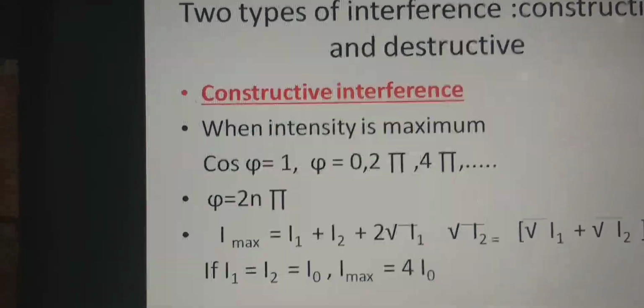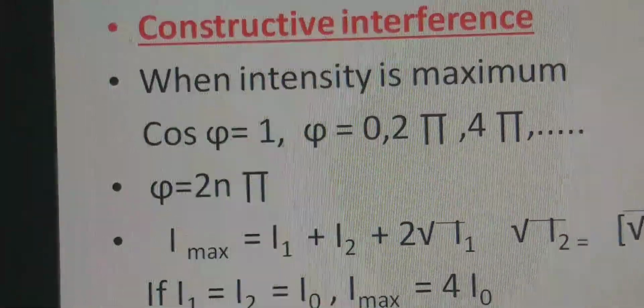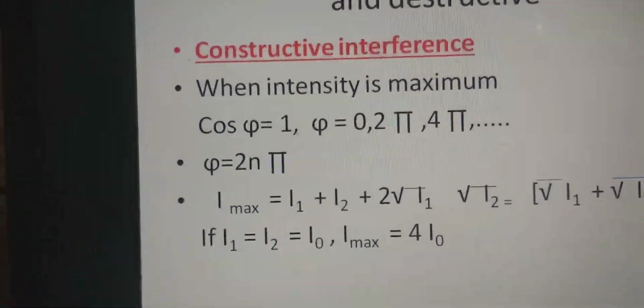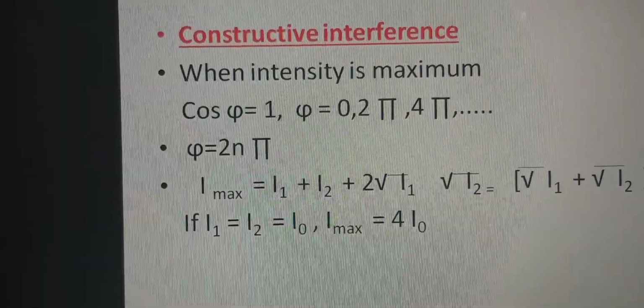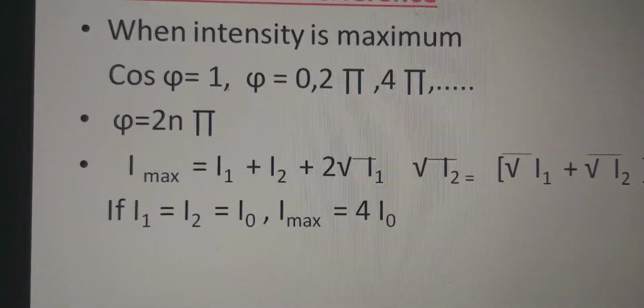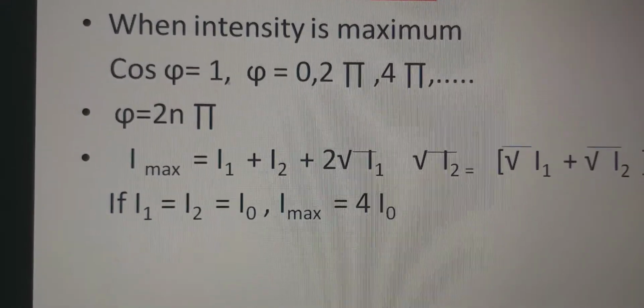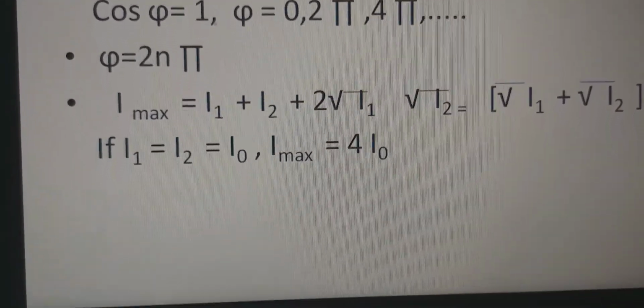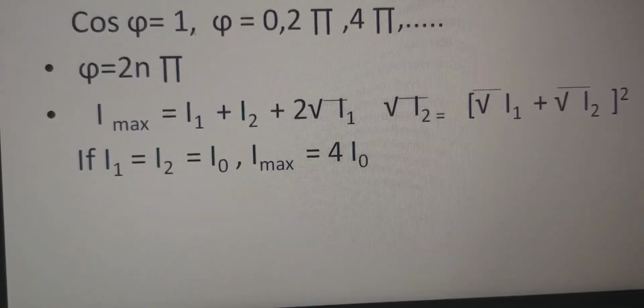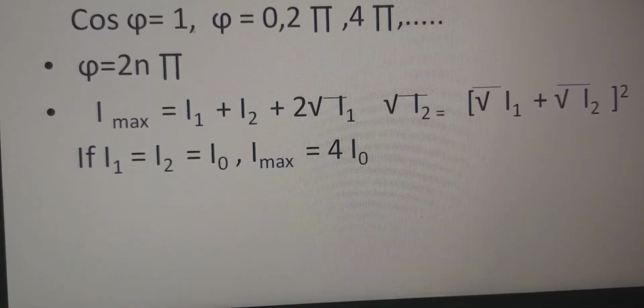So the generalized formula we can put: phi is equal to 2n pi. Therefore I max, if you substitute the value of cos phi, I max equals I1 plus I2 plus 2 root I1 root I2. Then we get the whole square formula, a plus b whole square, that is root I1 plus root I2 whole square.